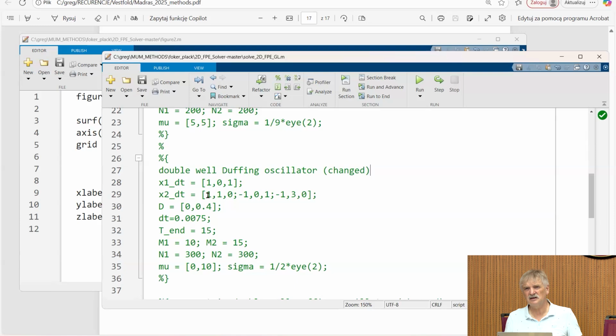So this is the first term, which is represented by 3 numbers. 1 means this is a coefficient 1, and the second one means that there is a first variable, and 0 that there is no second variable. And for example, if you have here -1 0 1, that means you have some damping. There is a damping coefficient of 1.